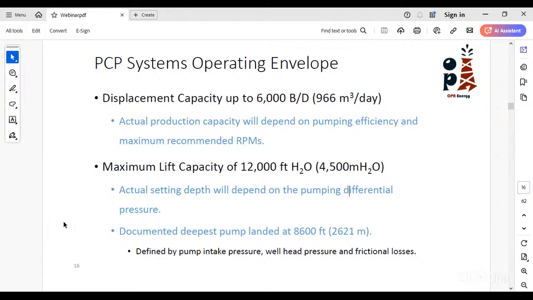And of course, these are limited by the temperature effects, the sand content or sand production, the gas liquid ratio, and many other factors. But the main two factors in the operating envelope of the PCP that your design is based on are the flow rate that you are targeting and the net lift or total dynamic head that you require.